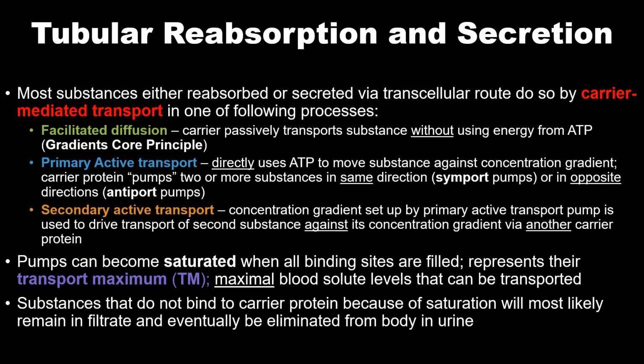Both have a limited number of sites on which they can transport solutes. It might help to think of these as a train only having a certain number of seats for passengers. Once all the sites become filled, the carrier proteins are said to be saturated, and they have reached their transport maximum. Any solutes unable to bind to these carrier proteins likely will not be transported and will end up in the urine. This is what happens in diabetes mellitus, as we'll talk about in a little bit.